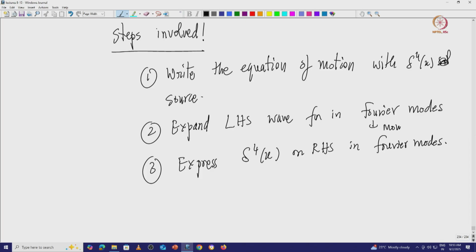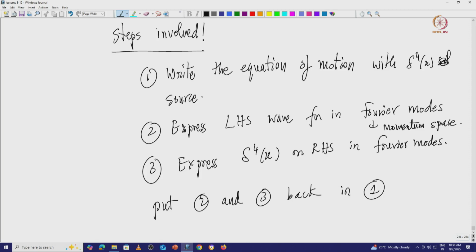This will also become momentum space. Put 2 and 3 back in 1 and extract the propagator in momentum space.